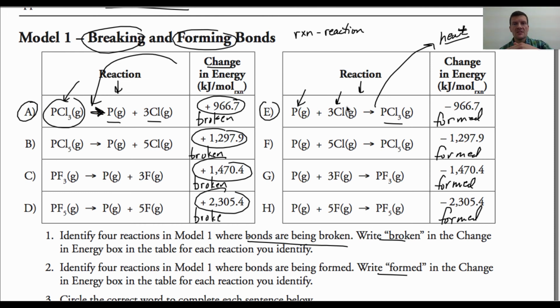One is going in one direction, the other is going the other direction. Just flip them over, and notice here we've got a positive heat energy, or enthalpy of reaction of 966.7. Over here it's a negative. Same magnitude but opposite direction. Plus or negative tells you direction. Positive, it's going into the system. Negative, it's going out of the system.